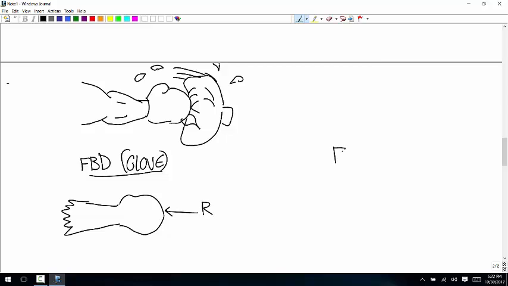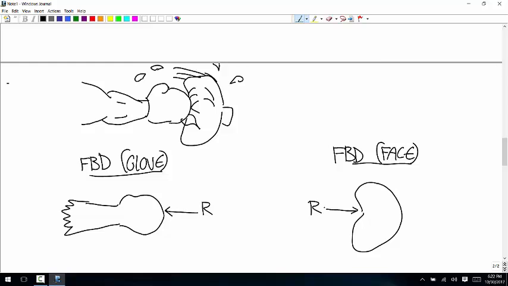And if you do a free body diagram of the face, there'd be a pushing contact from the glove, and that force would have the exact same magnitude. The force that the glove applies to the face is exactly the same magnitude as the force the face applies to the glove.